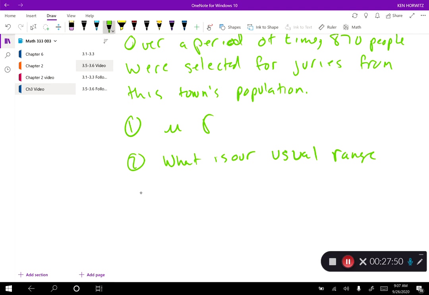So if n now equals 870, because that's how many people were selected, again, probability of success is 0.8, probability of failure is 0.2. So let's get our mean and standard deviation.